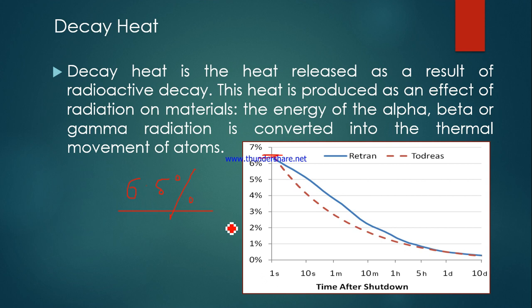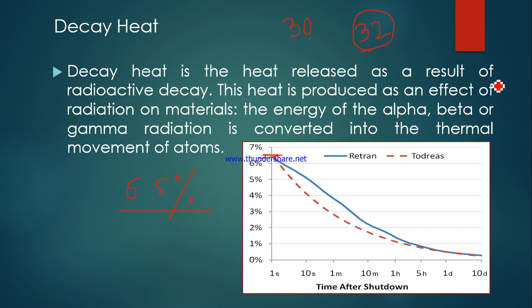So this means if the reactor capacity is, say, 500 megawatt, then 500 into 6.5% is 32.5. So around 32 megawatt will be the decay heat. It is to be removed.